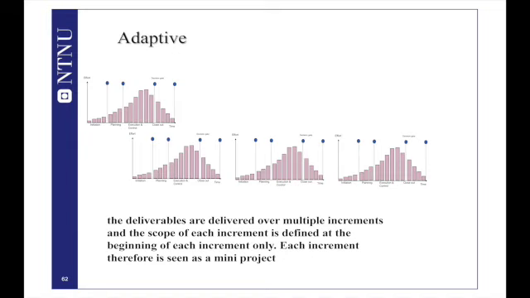But if you are doing a construction project, let's say a big oil platform, it is very difficult to apply the adaptive approach for the entire life cycle. You can apply it to portions of your project, but not to the entire project. So these are some of the challenges.